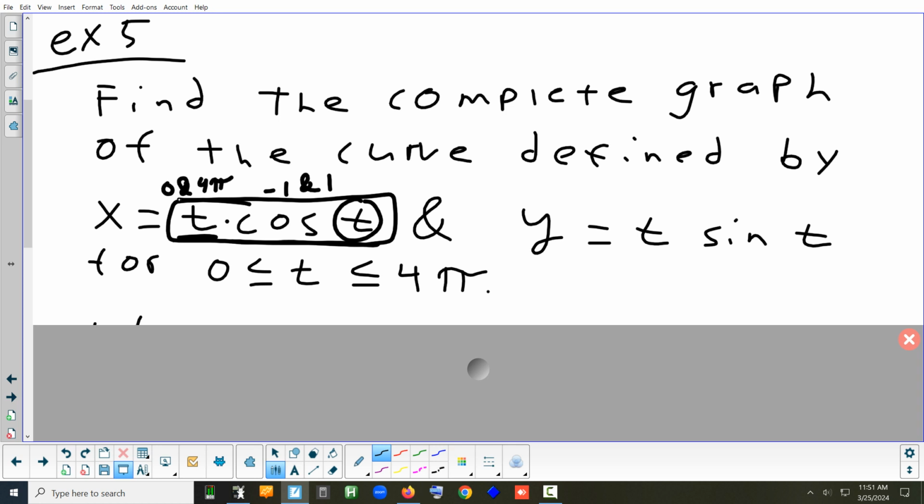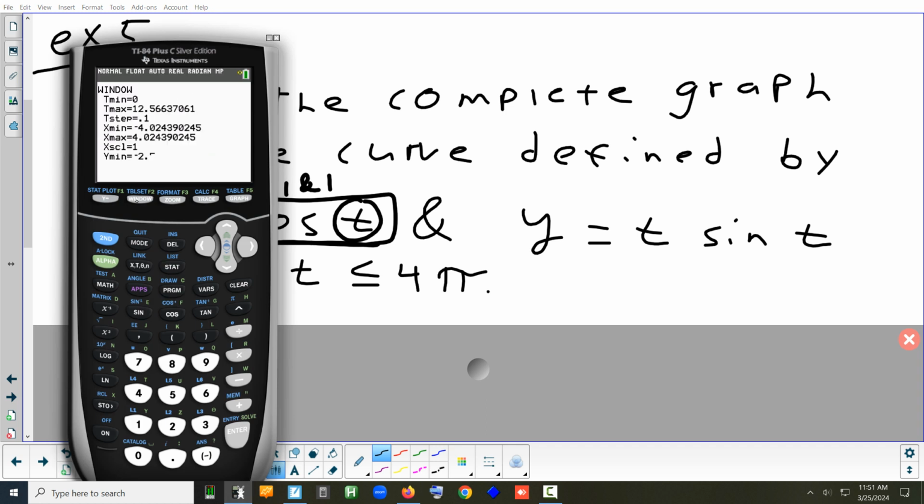If this was a negative 1 at the same time this was 4 pi, you could get a negative 4 pi for your x. What's the biggest value you could ever get for x? 4 pi. Yep. So negative 4 pi to 4 pi is the biggest and smallest you could ever get for x.